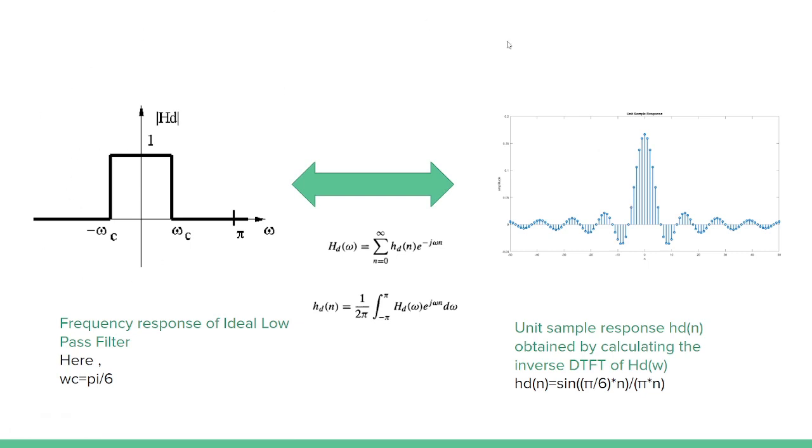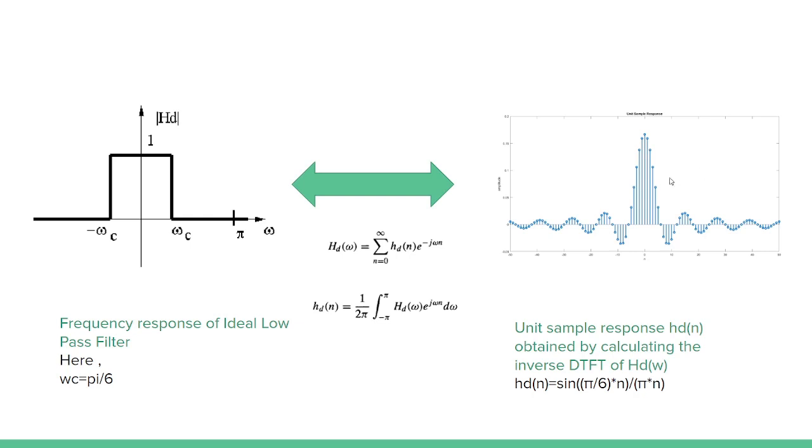These ideal filters cannot be implemented practically because they are non-causal in nature, and we are required to construct a finite impulse response. So the primary task is to convert this infinite number of samples into a finite number of samples and to make this signal a causal signal. And how is this done?